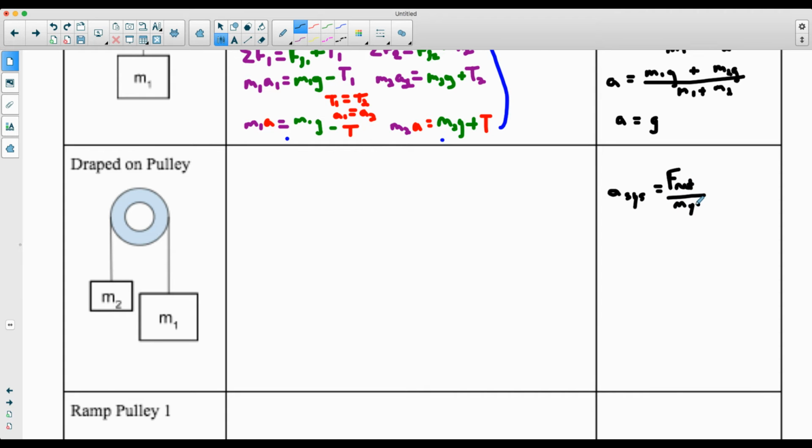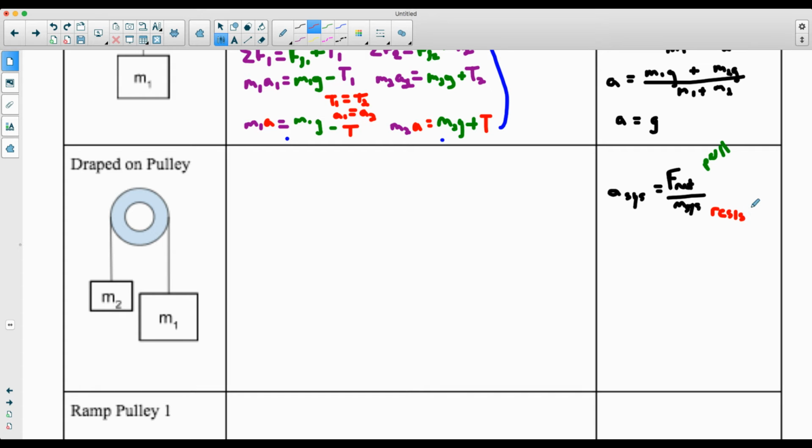Okay, that should say sys, the system. Remember, the numerator, the F net, is what's pulling, and the mass of the system is what's resisting.